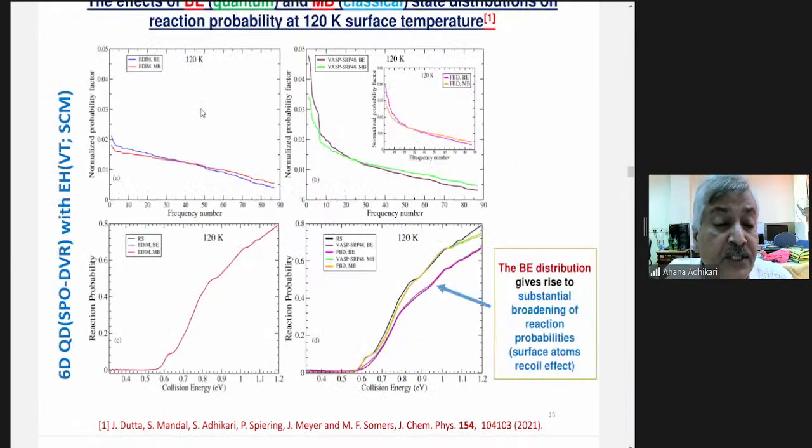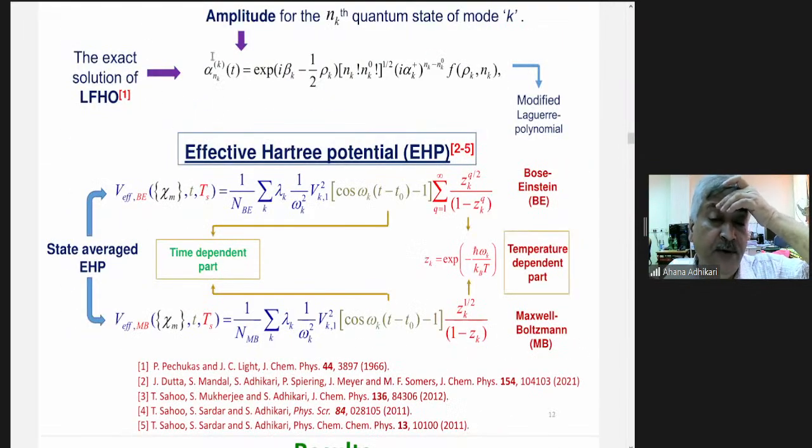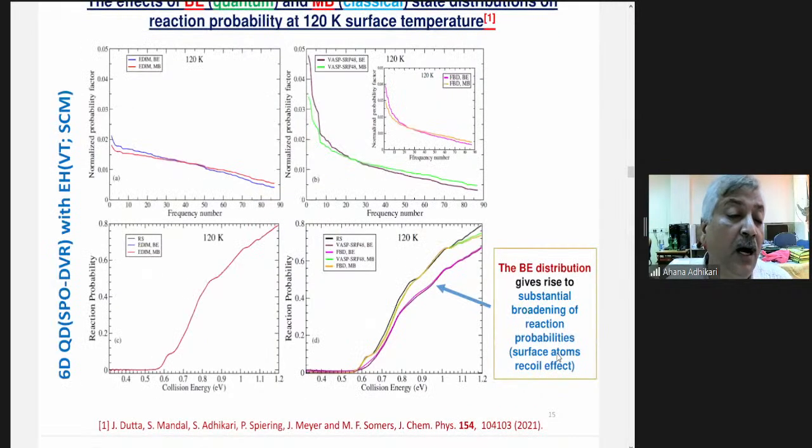When the surface is prepared, you then try to see the effective Hamiltonian. This is the effective Hamiltonian when you consider Bose-Einstein, and when you consider Maxwell-Boltzmann. If you look at the normalized probability factor, Bose-Einstein or Maxwell-Boltzmann at 120, first let me explain.